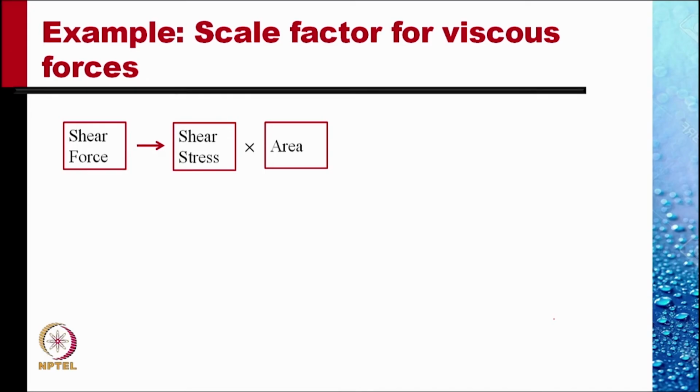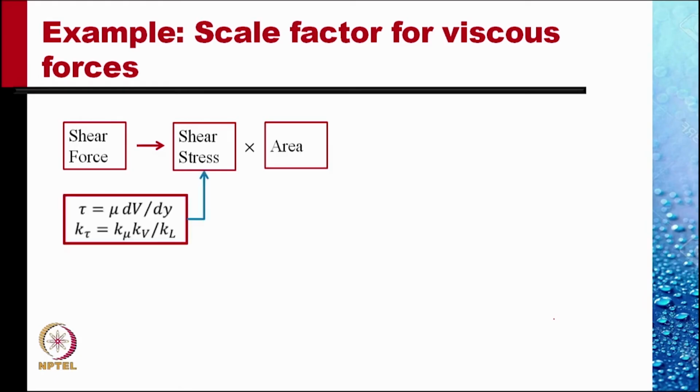Let's do an example. Let's find out the scale factor for viscous forces. Viscous forces are shear forces, which will be shear stresses times the area. The shear stresses, tau, varies like mu dV by dy, the Newton's law of viscosity. So K tau would be K mu Kv divided by Kl.